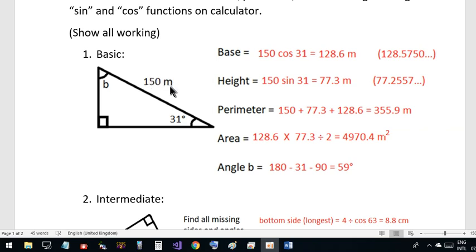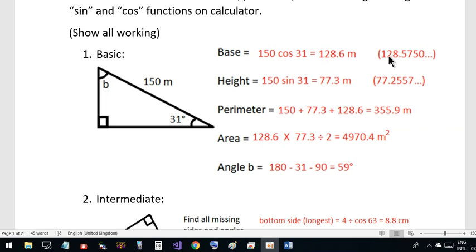The side that we're trying to find is next to the angle that's given. So the answer is going to be 150 cos 31, and if you put that into the calculator you get 128.6 meters to one decimal place.